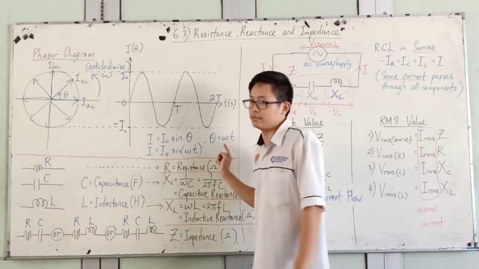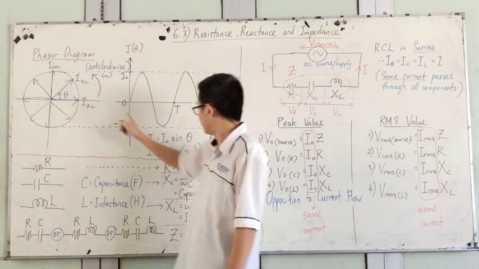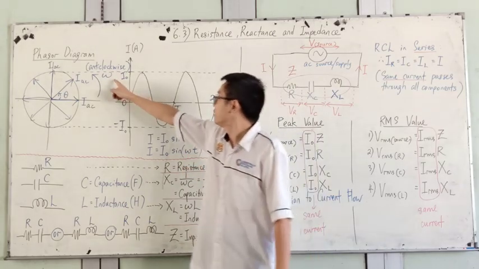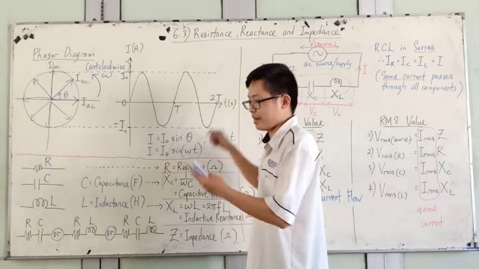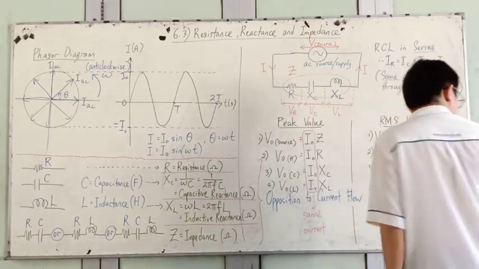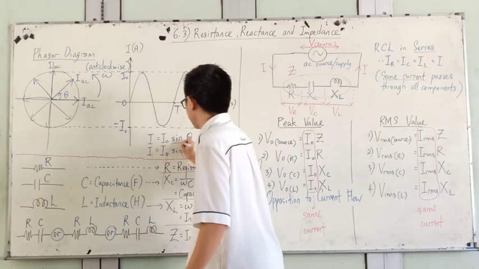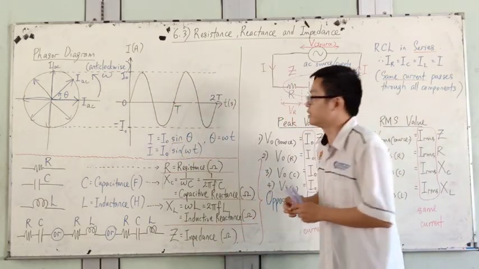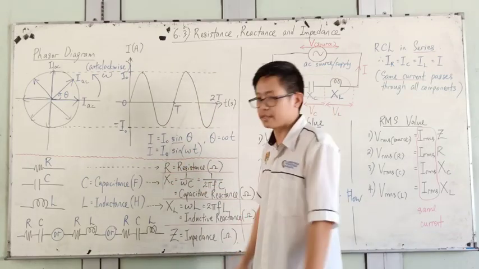I0 is the peak current, the maximum current. Theta is omega t, and omega is the angular frequency. So it is a sine graph. This is the Phasor diagram. We will learn more about it later on.